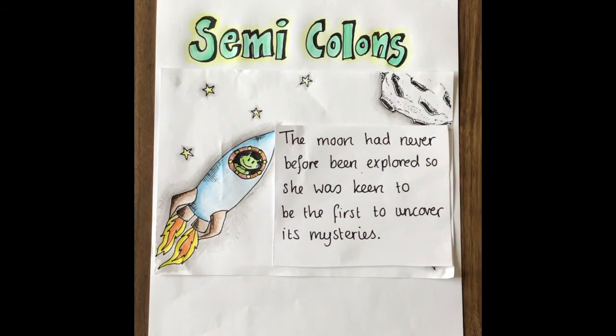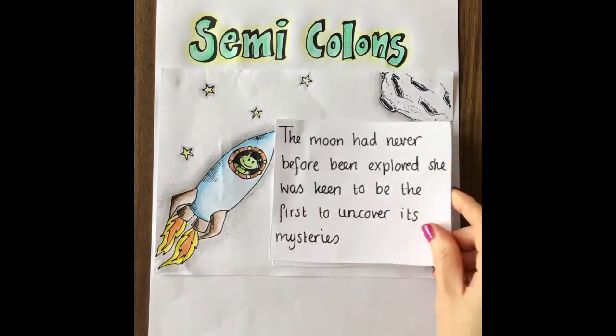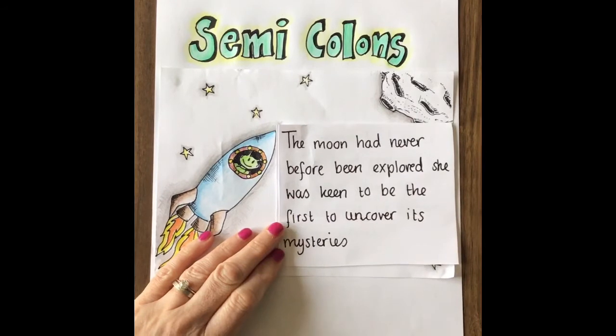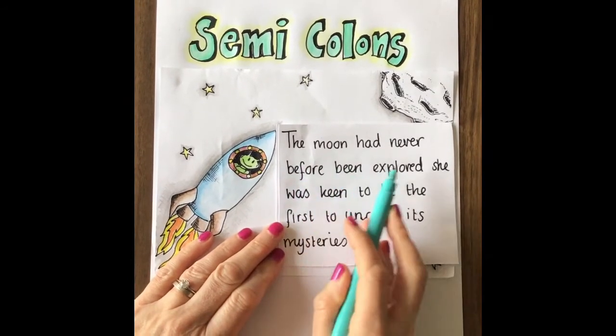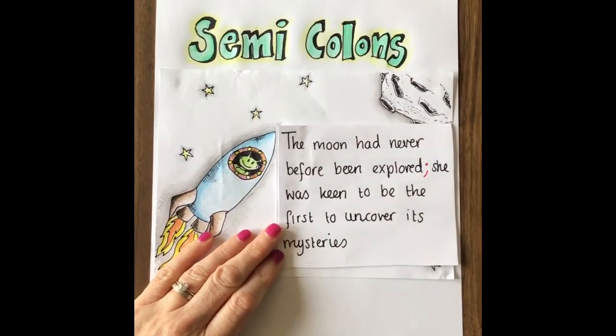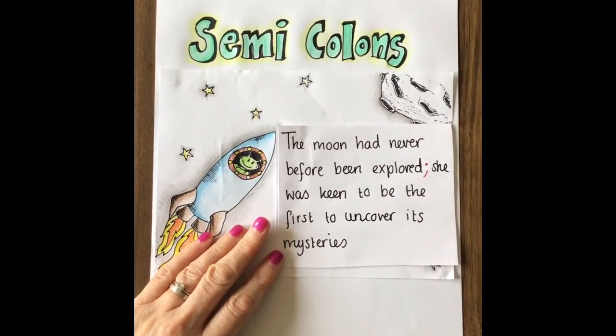The moon had never been explored. She was keen to be the first to uncover its mysteries. So let's join those together with a semicolon. The moon had never been explored before; she was keen to be the first to uncover its mysteries.